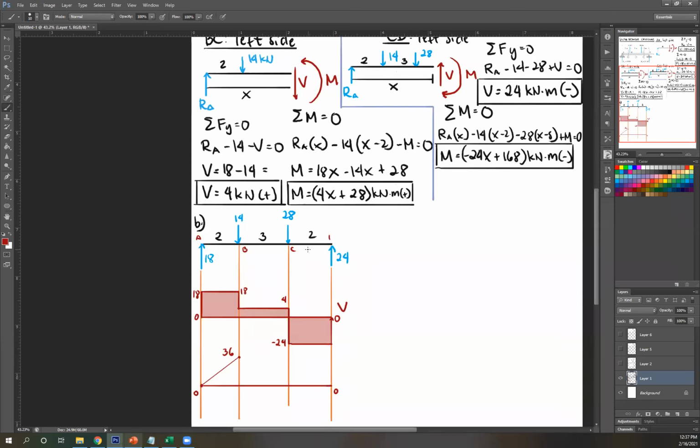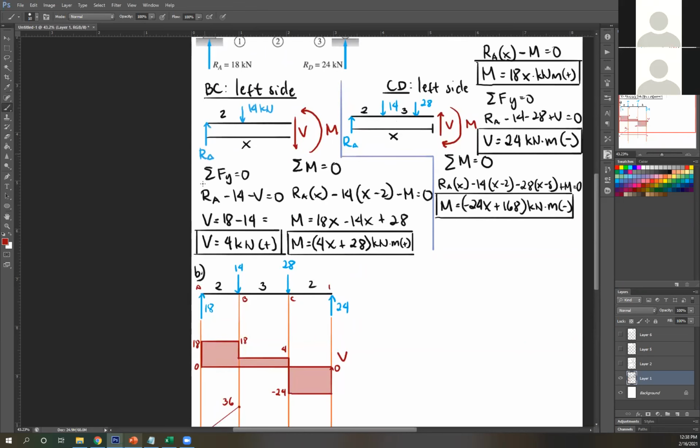Oh, no, no. Yeah, you get 40. Sorry, x is not 3, it's 5. Sorry, x is from R8. Okay, so 4 times 5, 20 plus 28, you get 48.